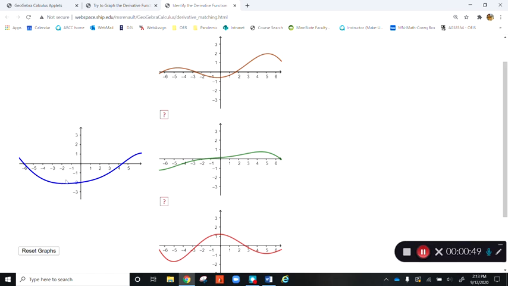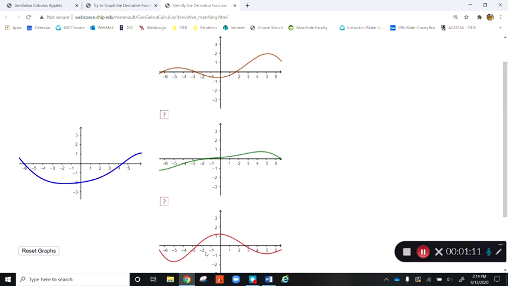So this graph on the left appears to have a horizontal tangent line somewhere right down about here. You're looking for the point at the bottom of the curve where it reaches its lowest point, where it's basically horizontal. To check the x-axis, that would be about between -1 and -2. So we're looking for an x-intercept over there.